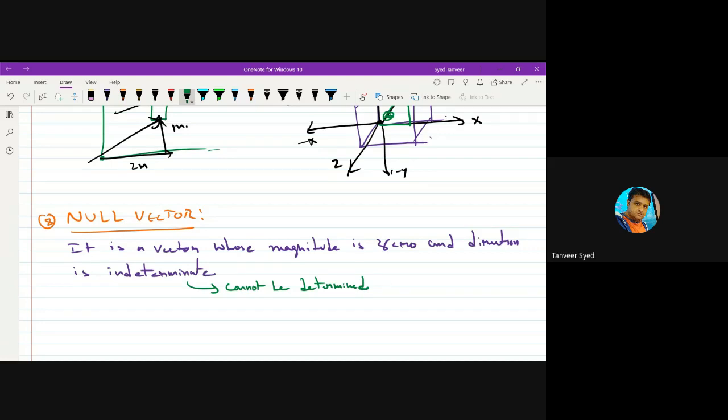This null vector is like 0 in vectors. It plays the same role as what 0 plays in our digits. If I add 2 plus minus 2, I'll get 0 in ordinary algebra.